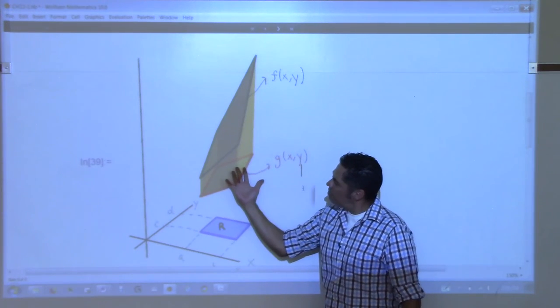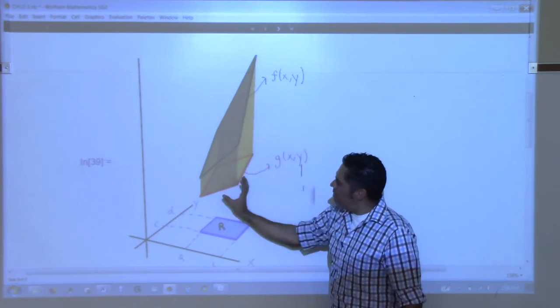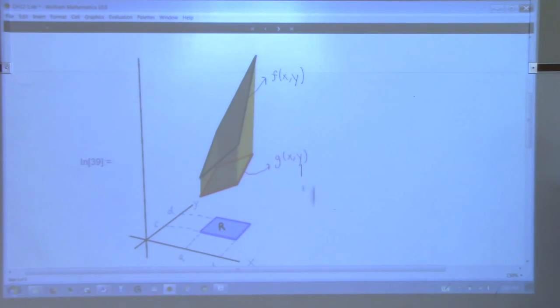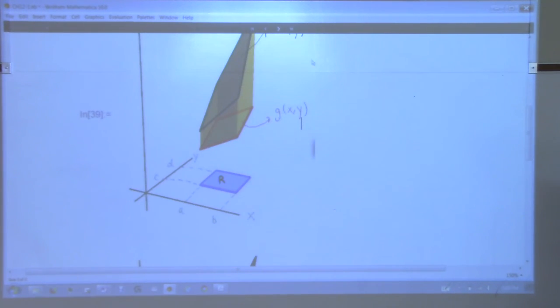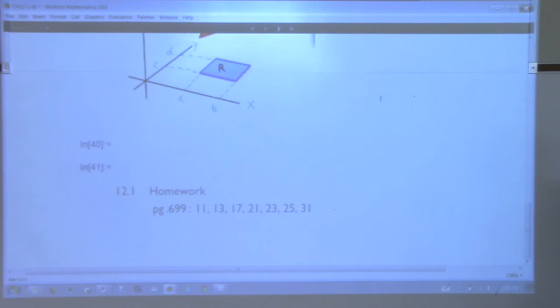You have a lower surface, G. You have an upper surface, F. And you're trying to find the volume between those. Same picture. That's it for that section.